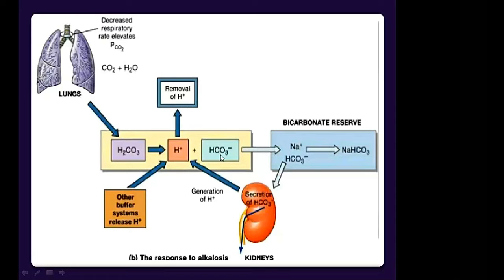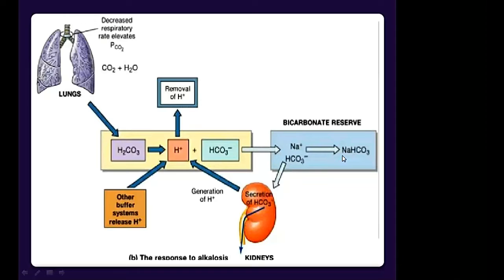How will it be removed? HCO3 combines with the proton and H2CO3 will be formed. If it is not necessary, this bicarbonate will be kept as a bicarbonate reserve for future use that combines with sodium ion, and sodium bicarbonate will be formed. That is kept as a reserve, NaHCO3.